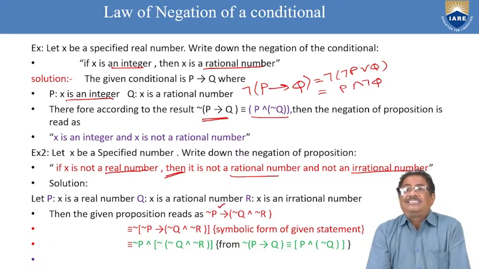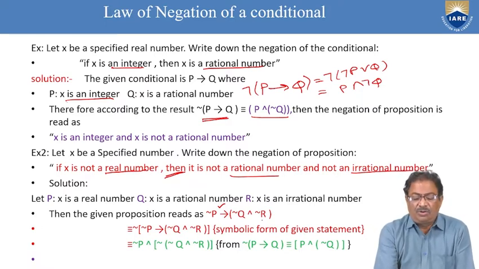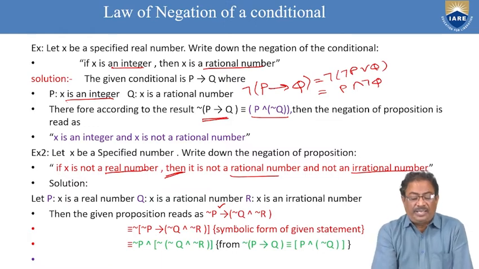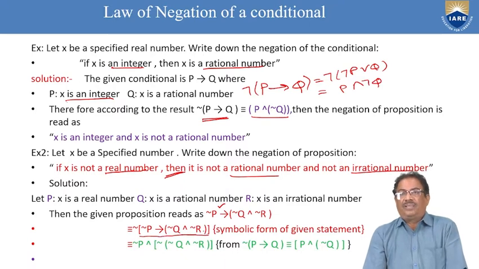And then it is not a rational number, so negation of Q. And not an irrational number, negation of R. So we are taking the negation of the whole thing. We took the negation of this.